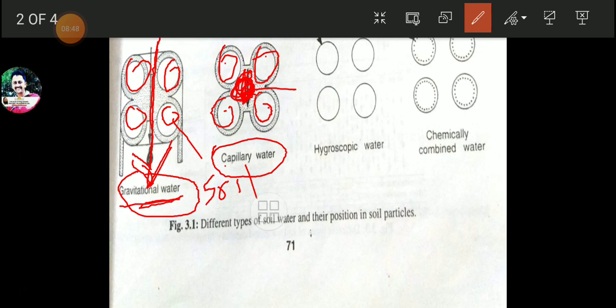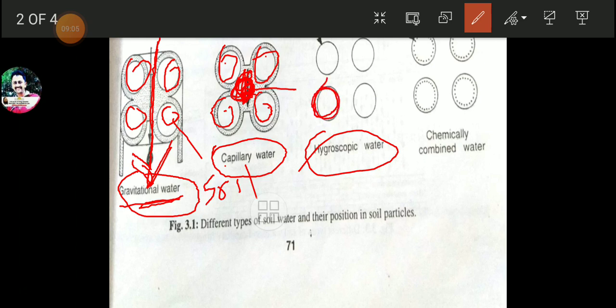Now the third one, that is hygroscopic water. Hygroscopic water is nothing but the water which is present around the soil particle. So these are the soil particles.